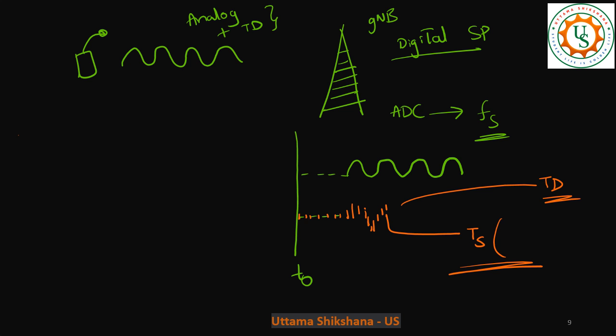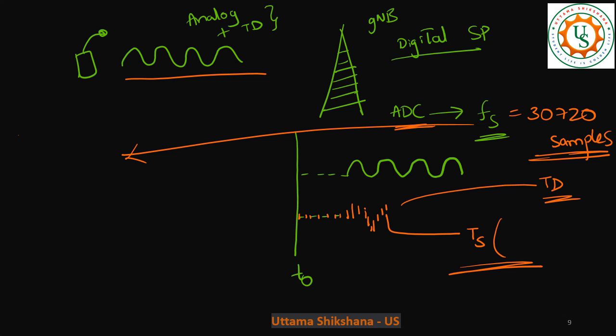As soon as the signal reaches the ADC, we are going to sample it, and finally we will have 30720 samples for this 20 megahertz signal. But out of these samples, there is a cyclic prefix. Both the cyclic prefix and the main signal are shifted.